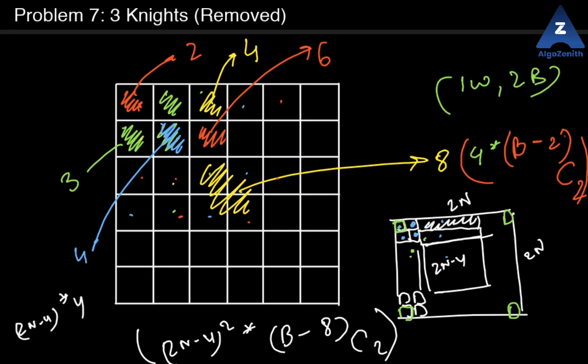Like there would be 2n minus 4 over here, 2n minus 4 over here, 2n minus 4 over here, 2n minus 4 over here, and all of them will get multiplied with b minus 4 choose 2, right? So something like this. So you can keep on adding all of these terms for all the 6 types of cells, and you can get the closed form expression for the number of ways you can place a knight.